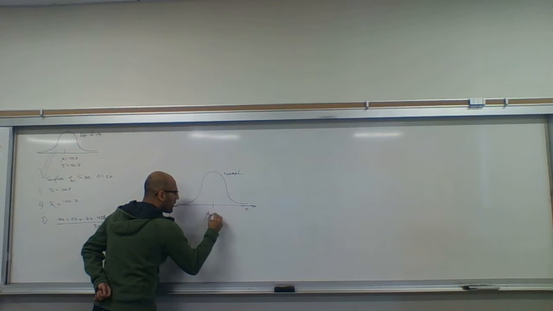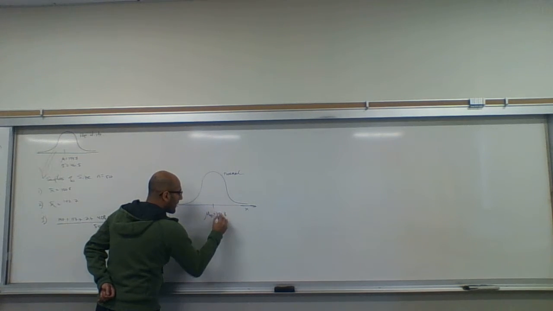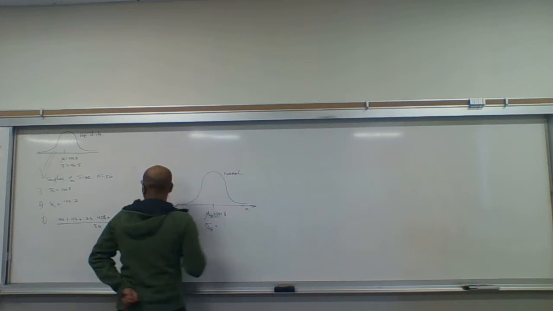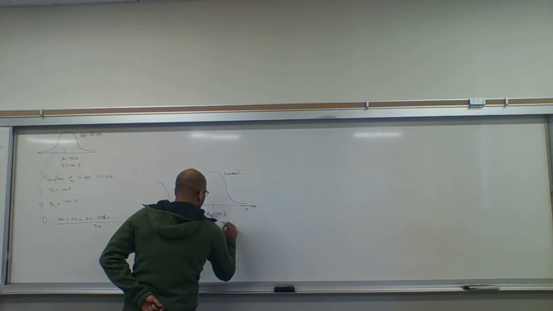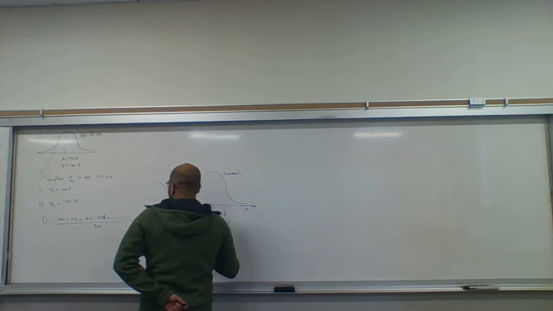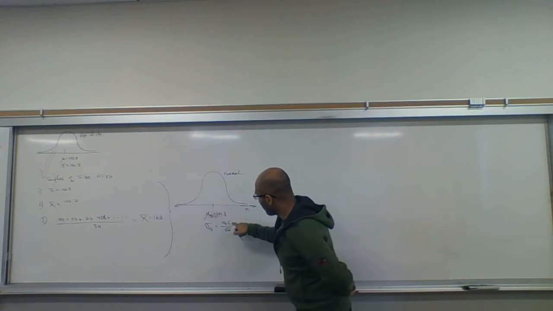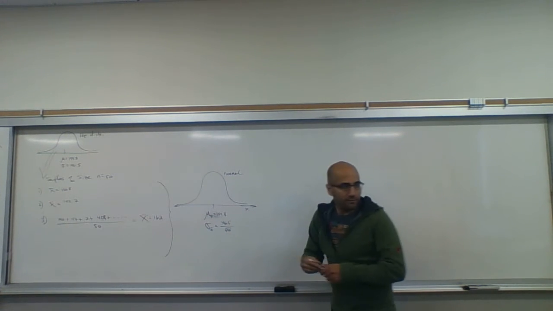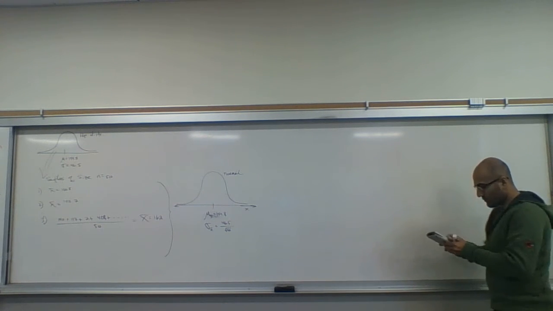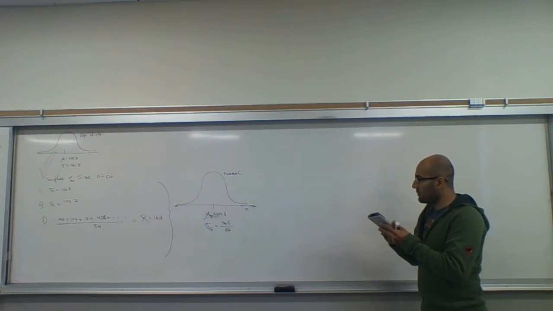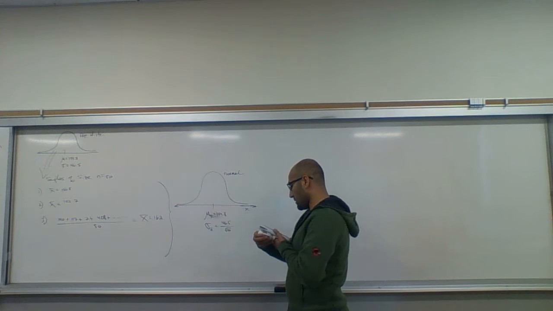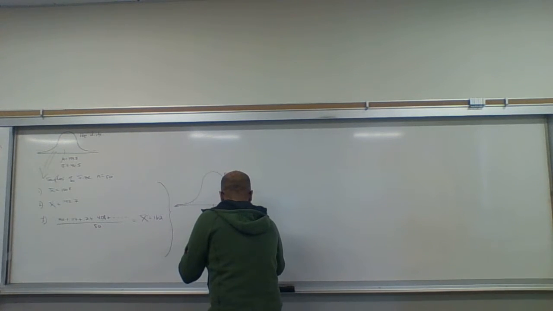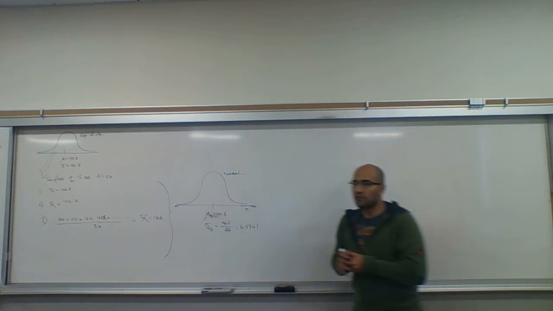This is mu sub x bar equals 154.8, and sigma sub x bar is equal to that one divided by the square root of n, in this case 50. So it's going to be 46.5 divided by the square root of 50. And what do we get in that case? 50 to the 0.5 power, and 46.5 divided by that. I get 6.5761. Everyone's with me so far?